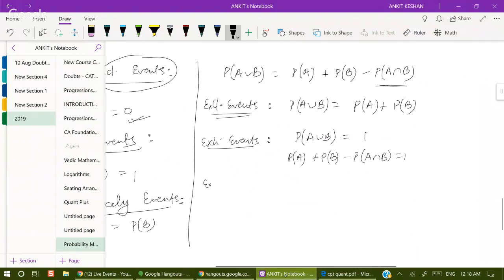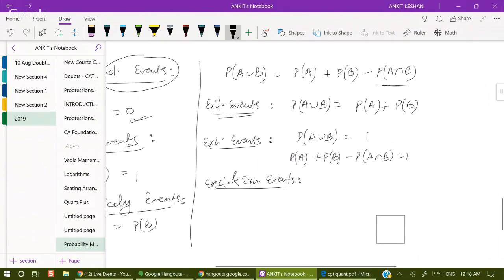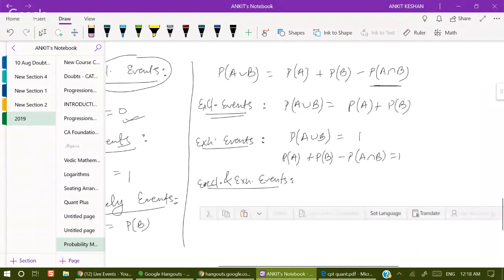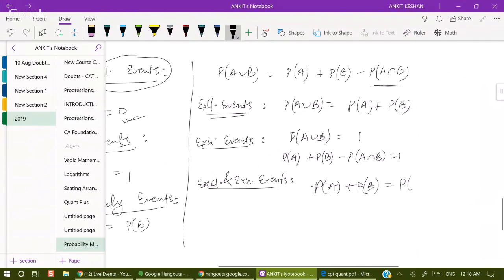For exclusive and exhaustive events, this will be the case again, and also this part will be 0. Then we'll have PA plus PB is equal to P(A union B) is equal to 1.